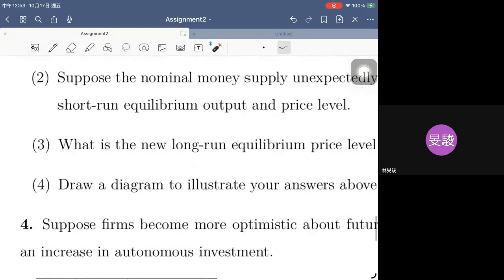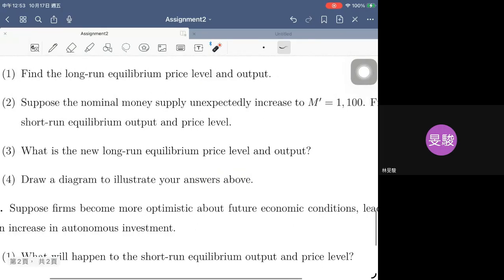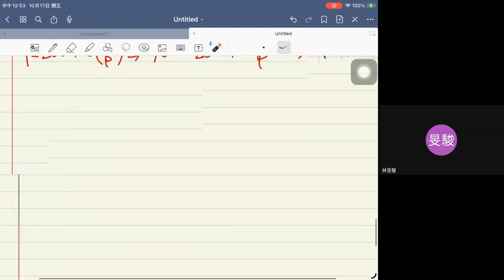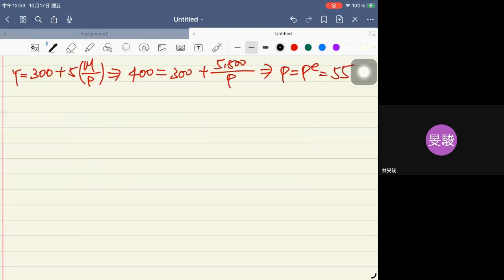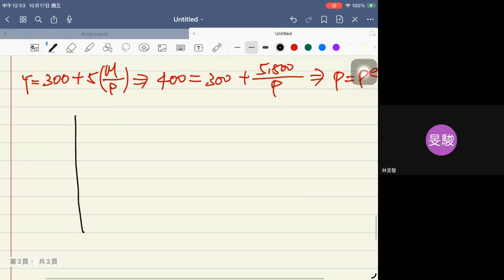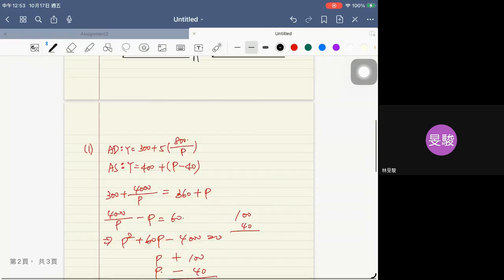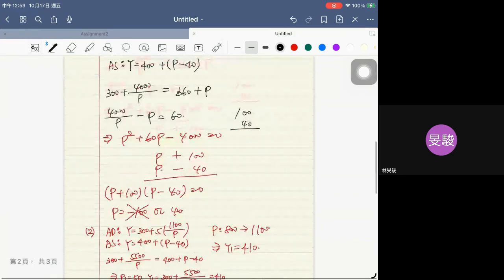And number 4, it asks us to draw a diagram to illustrate your answer. So let us draw an initial diagram. The X-axis is real output, and the Y-axis is P. Okay.